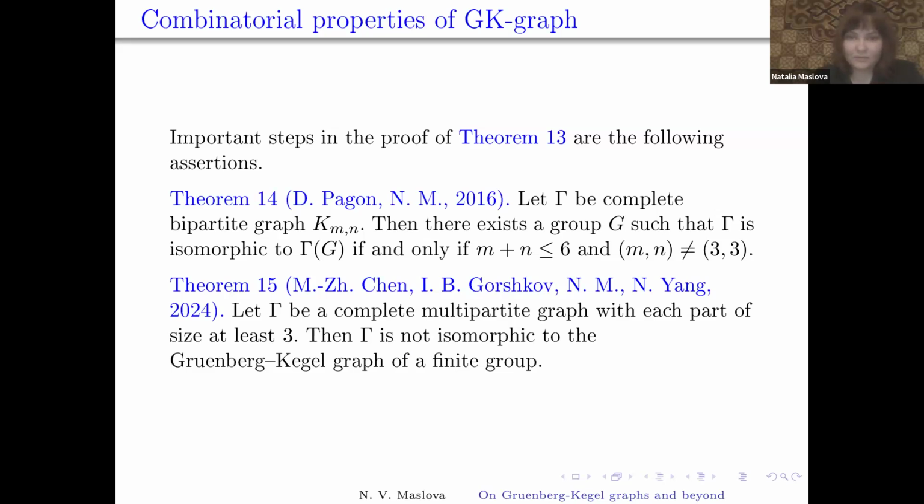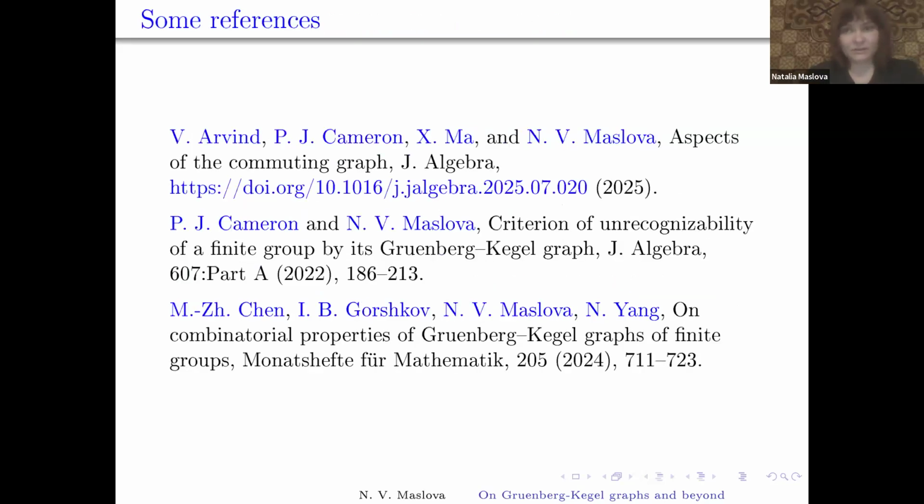And in the paper with Minju Chen, Ilya Gorshkov, and Nanin Yang, we were forced to consider complete multipartite graphs with each part at least 3. And we have proved that these graphs are never Gruenberg-Kegel graphs of affine groups. And for complete bipartite graphs, we have obtained a complete classification with Dušan Pagon. So here there are some references which can be found.